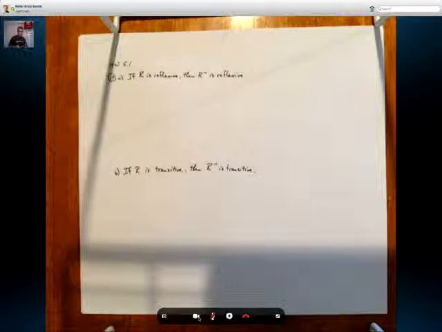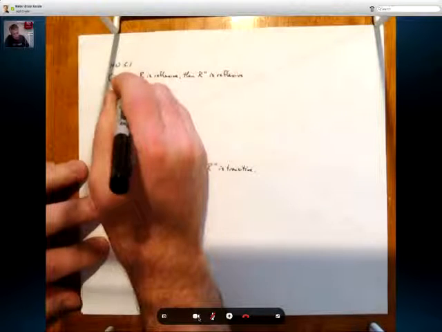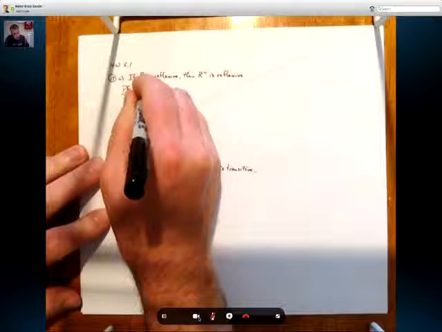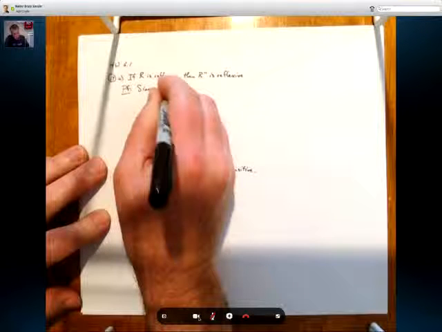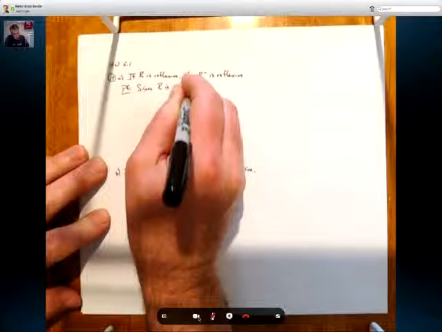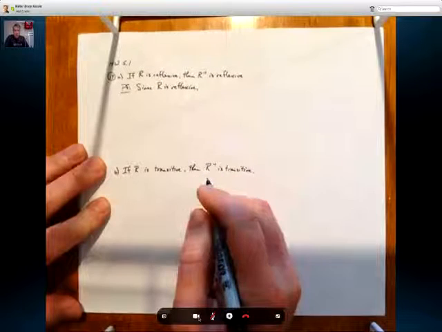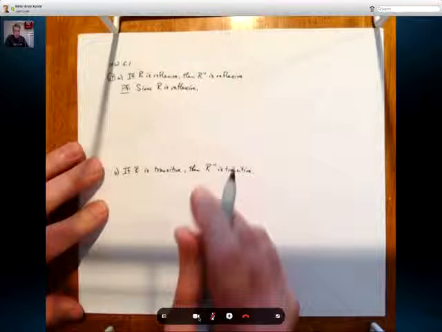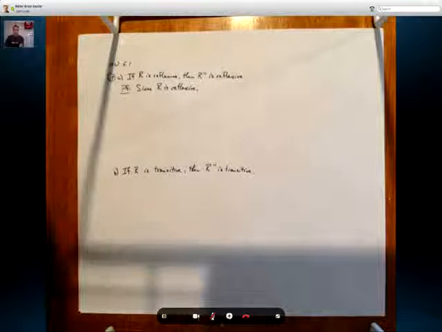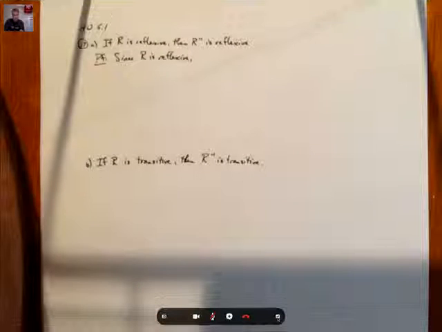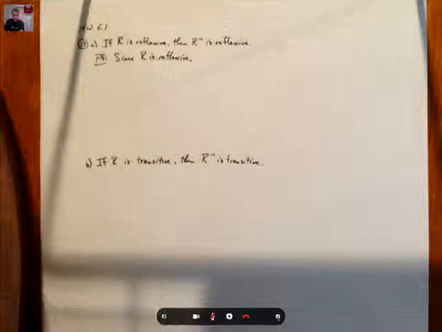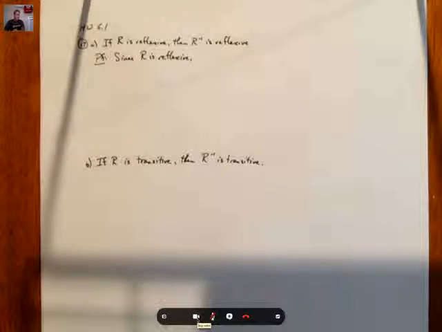if R is reflexive, then we want to show that R inverse is reflexive, and that's actually pretty easy. Let's prove that. Since R is reflexive, what does that mean? Well, that's a little better, I guess.